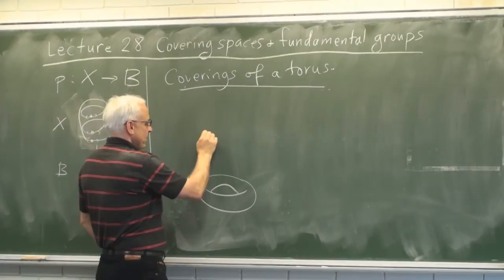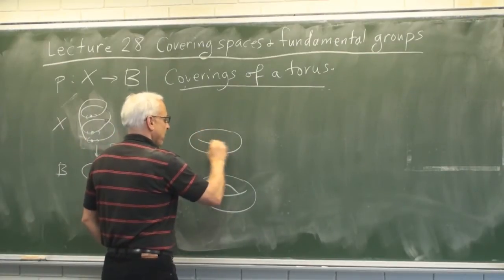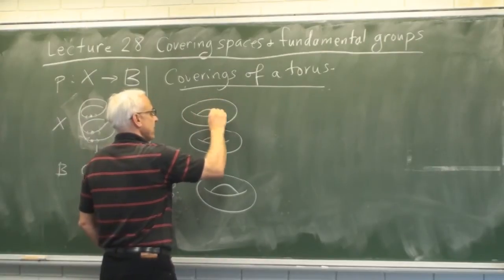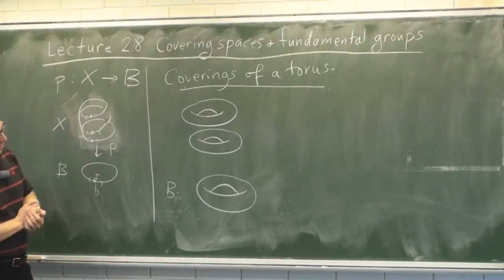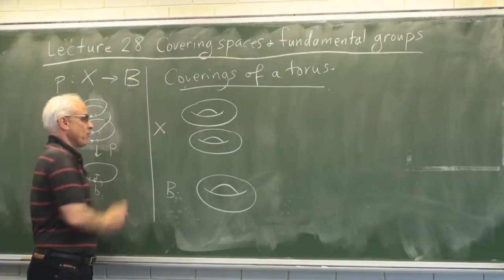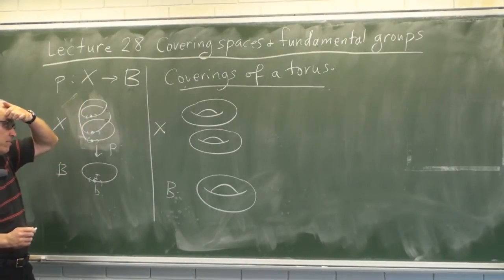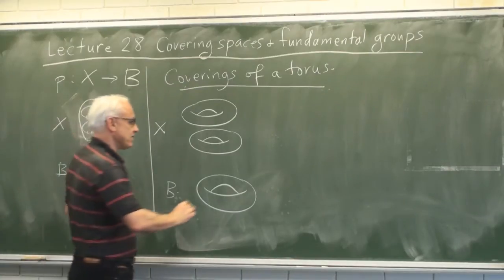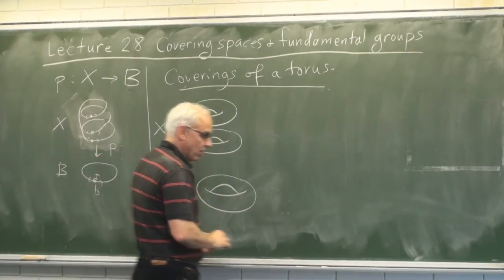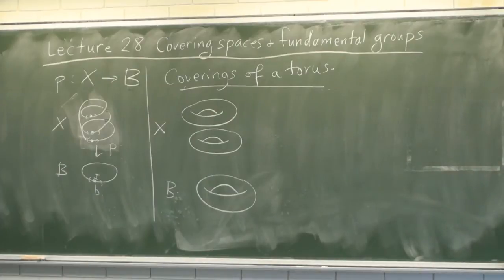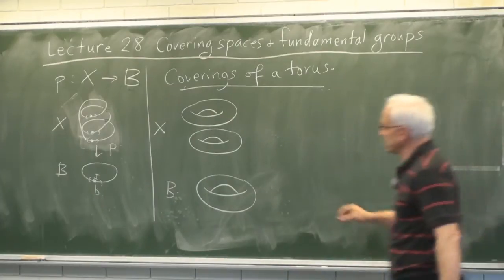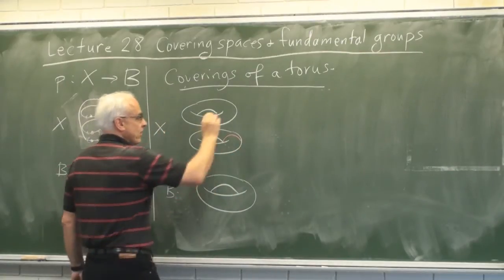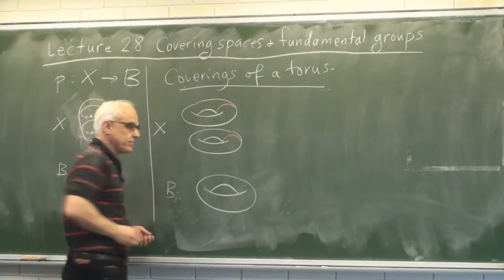So let's draw a couple of copies of a torus. Say, maybe we'll just use two. The idea is already clear there. So let's draw two toruses, and we're going to create a space X by suitably cutting and pasting these. So let's draw a circle on each torus and slice the torus along a circle. So we're going to make a little circular cut on that torus and a little circular cut on that torus there.